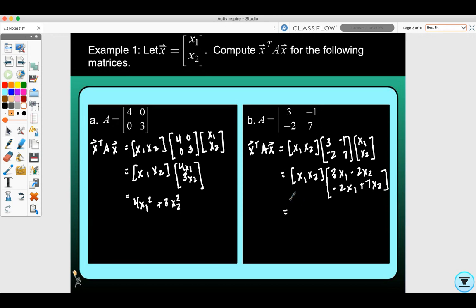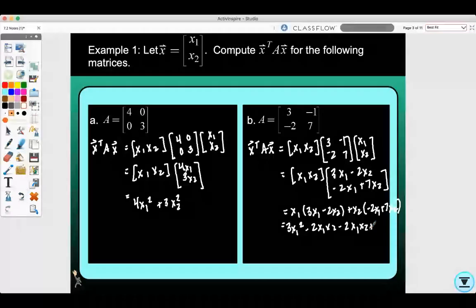Then I'm going to multiply these, and I get x1 times 3x1 minus 2x2 plus x2 times negative 2x1 plus 7x2. Go ahead, distribute, and you'd get 3x1 squared minus 2x1 x2 minus 2x1 x2 plus 7x2 squared. My bad, that's 7x2 squared, not 14.